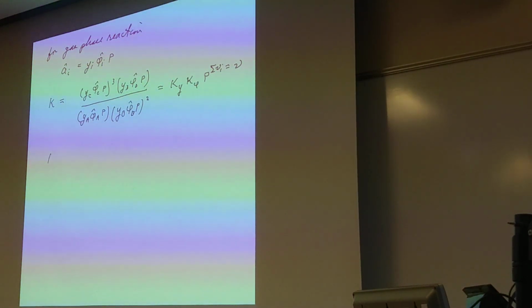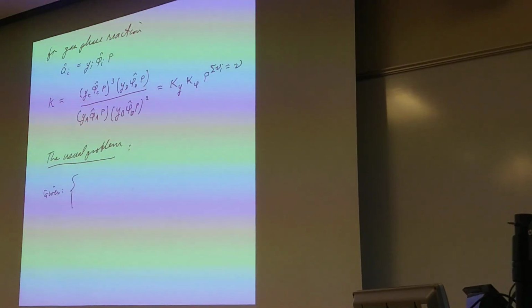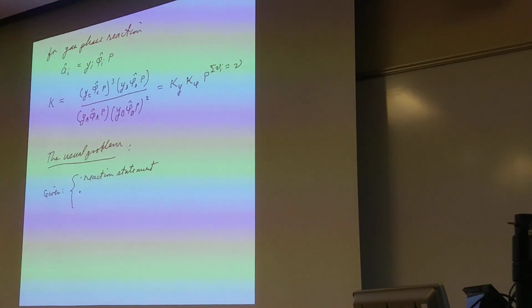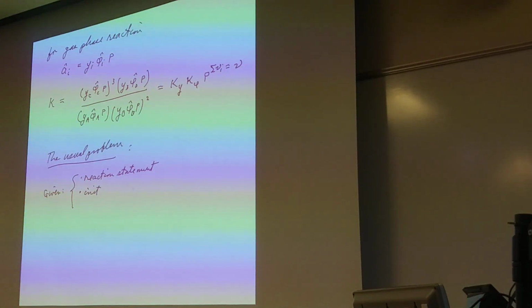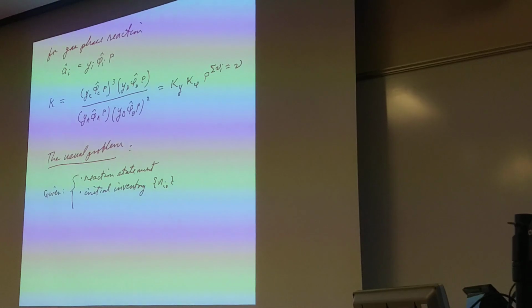Okay, so let's look at what I call the usual problem. And that is to be given, of course, you have to be told what reaction it is. So the reaction statement, and then we have to be given the initial state. So let's call it the initial inventory, which is a collection of initial mole numbers for everything that may be present, including inerts.